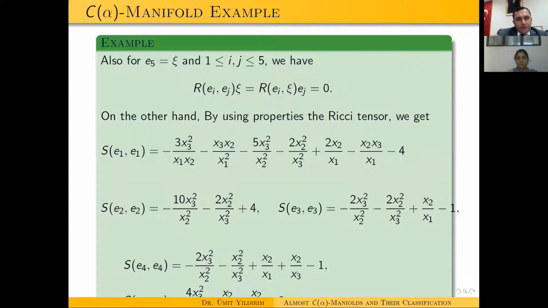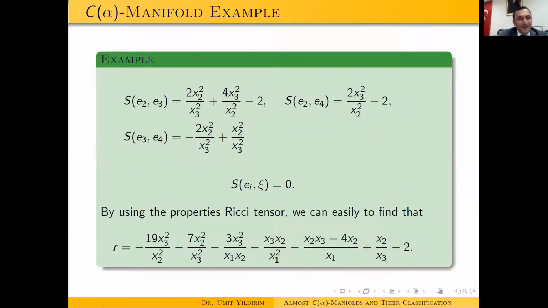On the other hand, by using the properties of the Ricci tensor, we get S(e1, e1) equal to these equations. This example is very hard. By using the properties of the Ricci tensor, we can easily find this equation. This is the scalar curvature function.